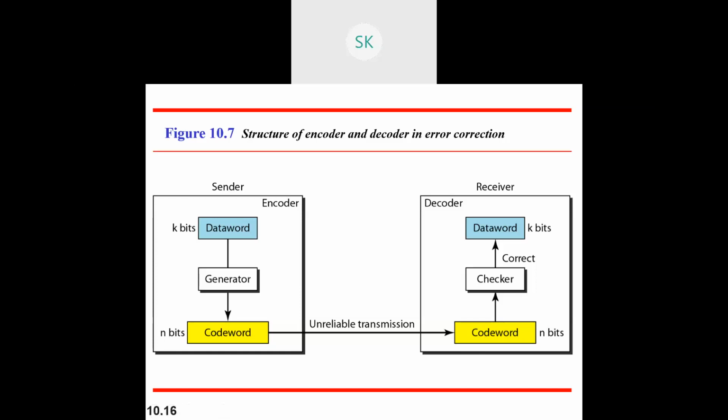Once we identify the position, it will be easy for us to change that particular bit. If the bit has changed from 0 to 1, then it should be changed back from 1 to 0, and vice versa. But identifying the position is the challenging part.